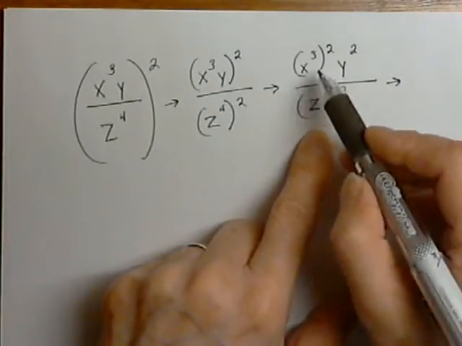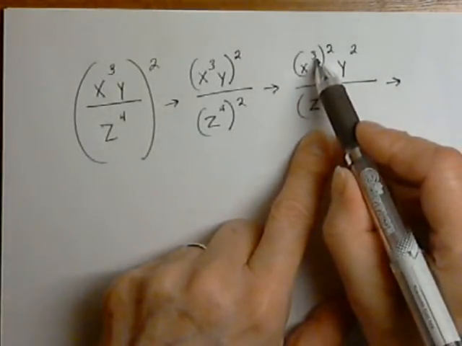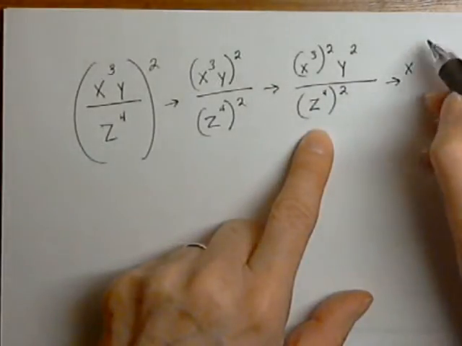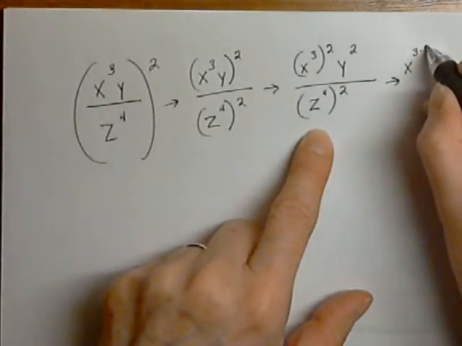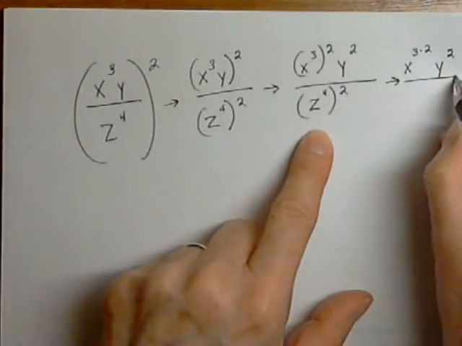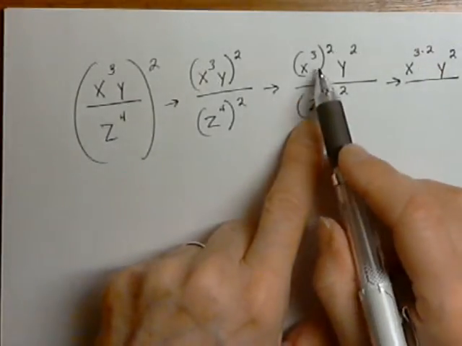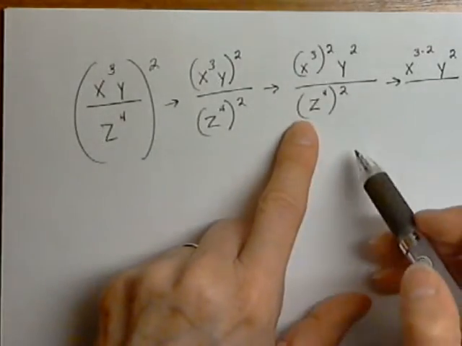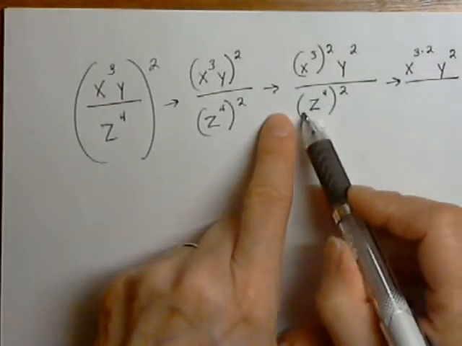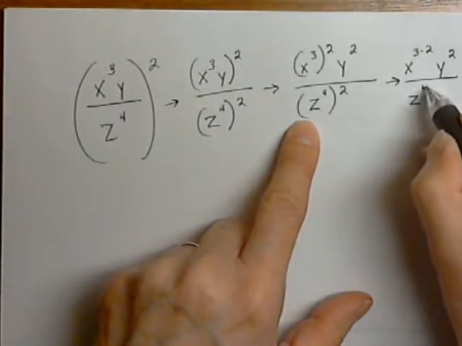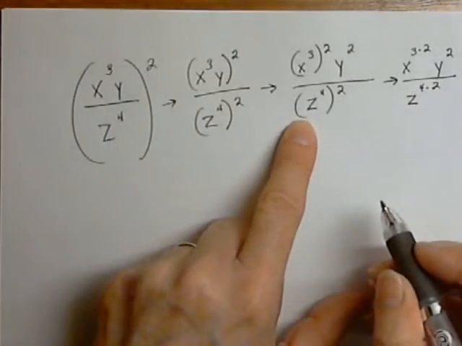So x cubed quantity squared would be x to the 3 times 2, and then we have y squared. Down here, we have the same situation as we had up at the top with our x variable. We're raising a power by a power. We multiply our exponents.